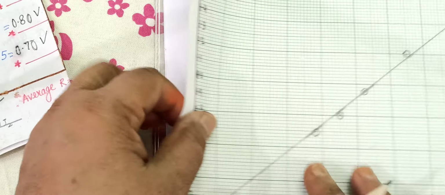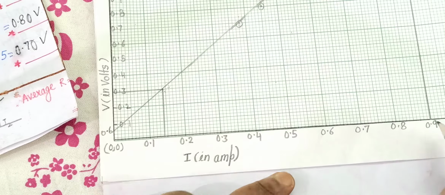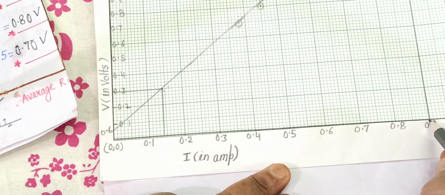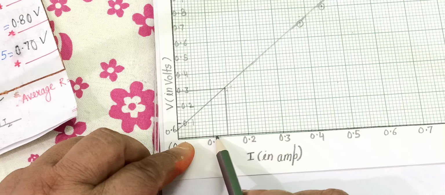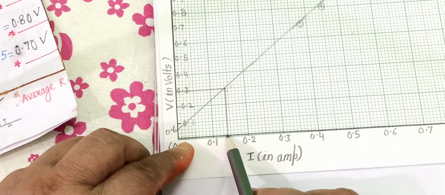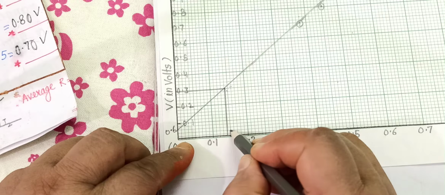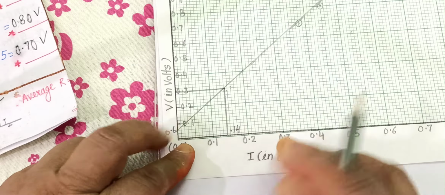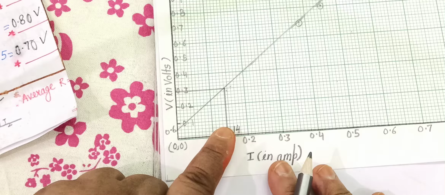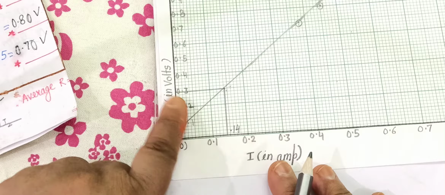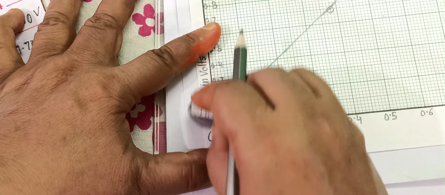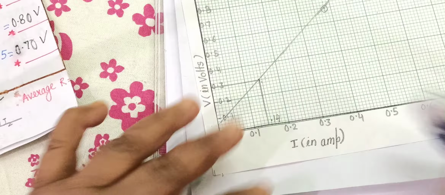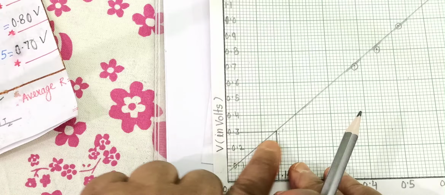Similarly, let me see I2 and I1. I2 is directly 0.9 and I1 is 0.1, 0.11, 0.12, 0.13, 0.14. So let me mark it here, 0.14. So I have marked here, this is Y1 is not 0.3, it is 0.6, it is 0.3, and that too we can read directly.